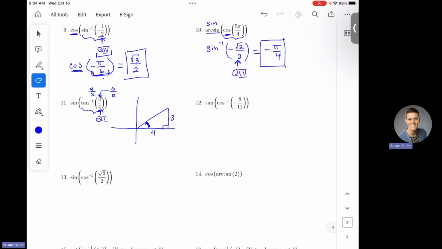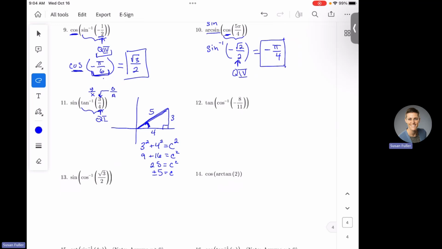Now we can do the Pythagorean theorem to finish this out. We can do 3 squared plus 4 squared equals c squared. We are going to get that 9 plus 16 is c squared, which means c squared is 25. And that means that c is either plus or minus 5. Because c is the hypotenuse, it's always positive. That's going to be 5.